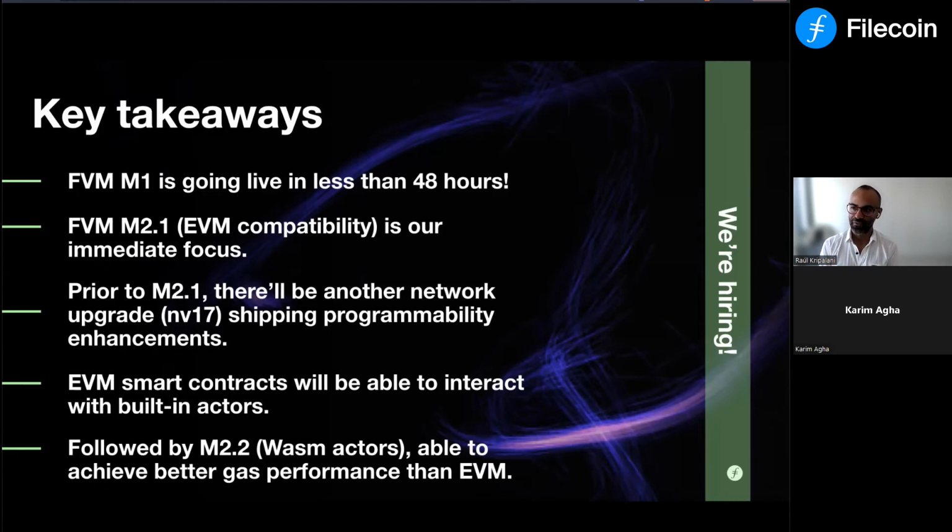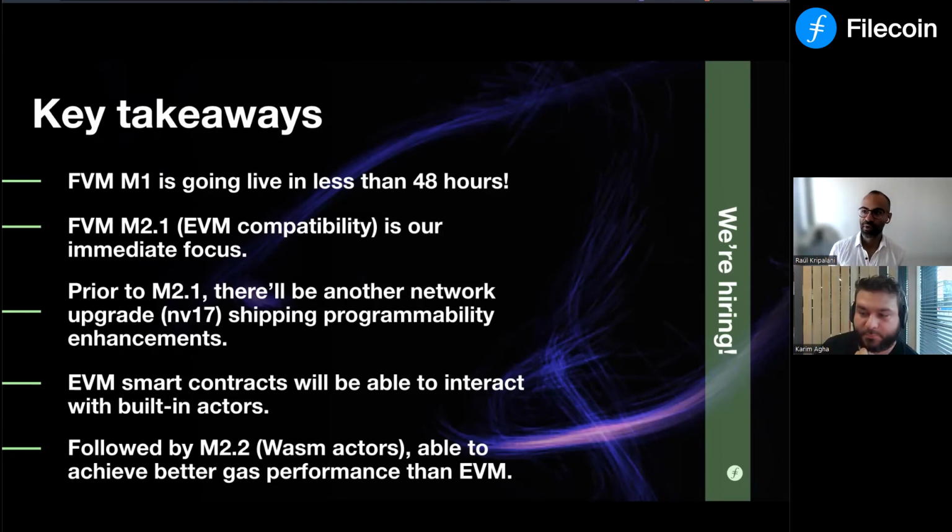This is our immediate focus here at the FVM core team. Prior to M2.1, there will be another network upgrade, very likely. That's network version 17, that will be shipping programmability improvements ahead of time before we enable programmability, so that developers can do useful stuff, more useful than what they can do today.